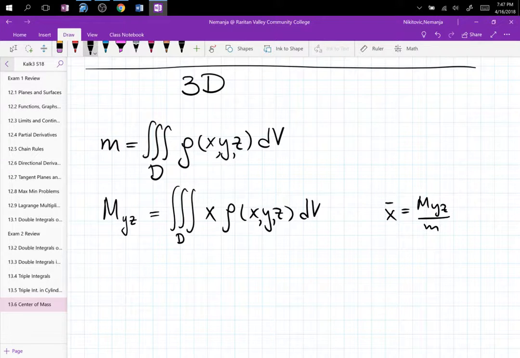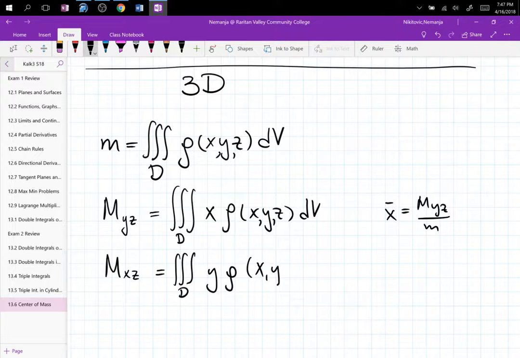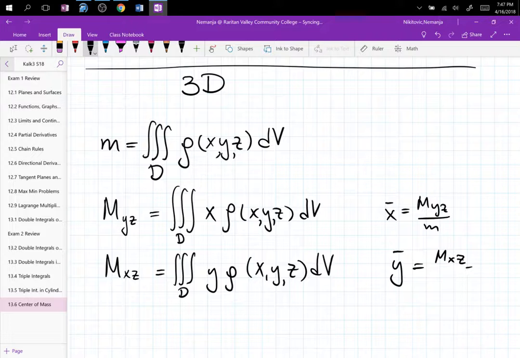And the moment of xz is the triple integral of y rho x y z dV, for y bar of Mxz over m.